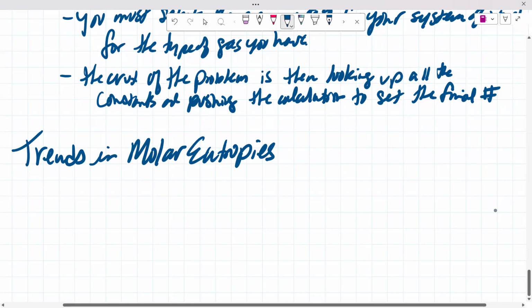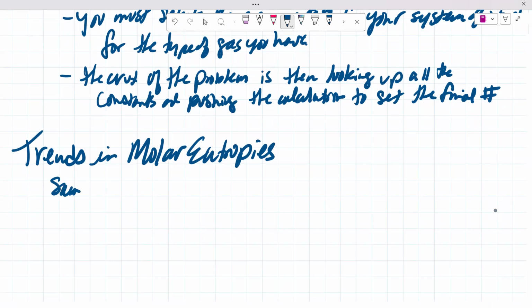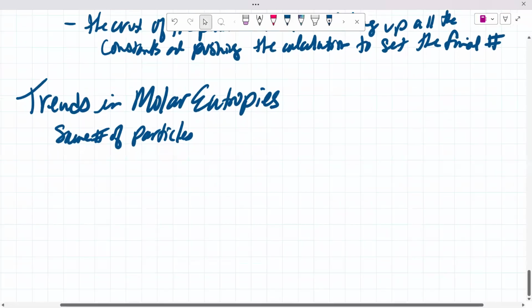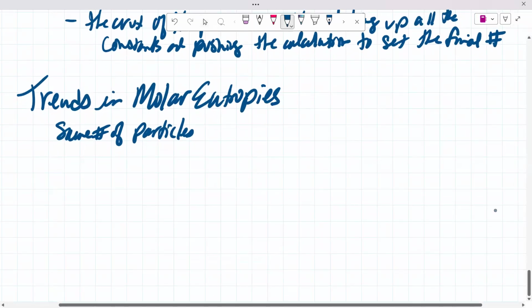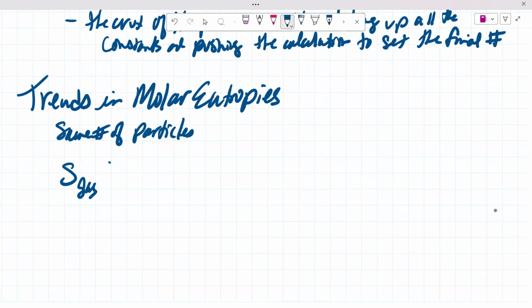Yeah, so in other words, n is constant, right? Same number of particles. And we have to consider this situation. The entropy of a gas is greater than the entropy of a liquid, which is greater than the entropy of the solid, right?